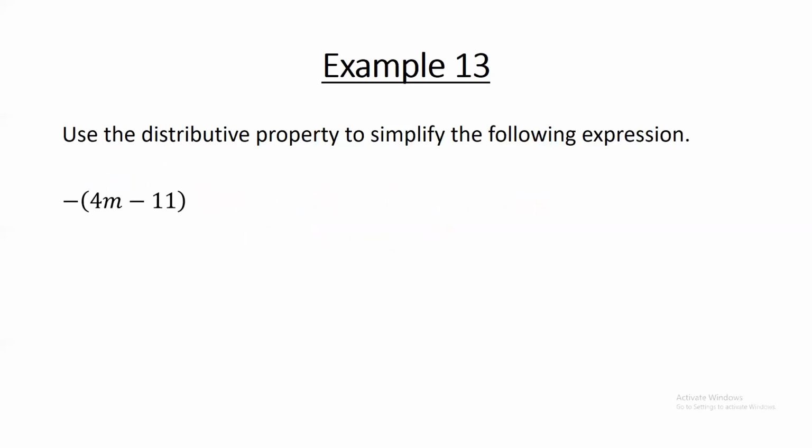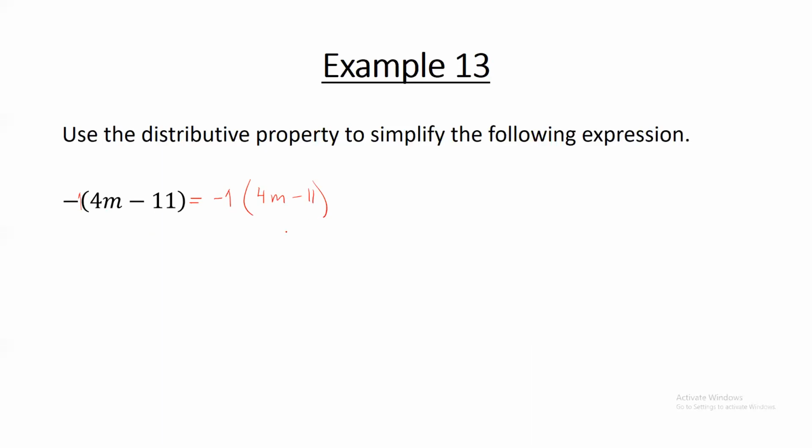Next example, -(4m minus 11). There are many ways to think about this expression, but the easiest way is probably to think about it as there being a 1 in front of the parentheses, so you have kind of a -1 times (4m minus 11).